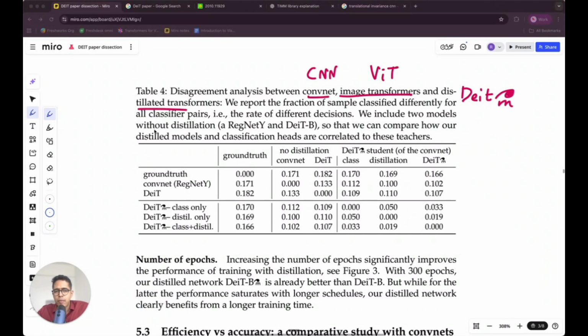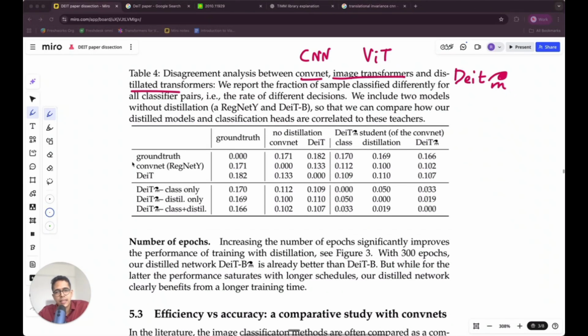I wish they had provided this table as a symmetric square matrix. Basically there are 6 items in the row and the same 6 items in the column. And if you look at the values, all the diagonal items are 0. Basically disagreement between ground truth and ground truth, disagreement between ConvNet's predictions and its own predictions. So all these diagonal elements are 0.